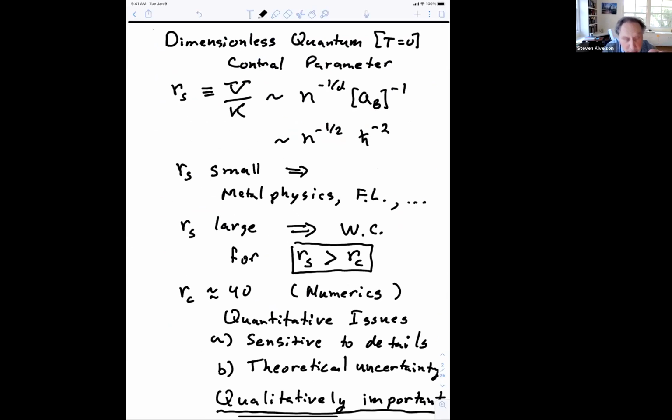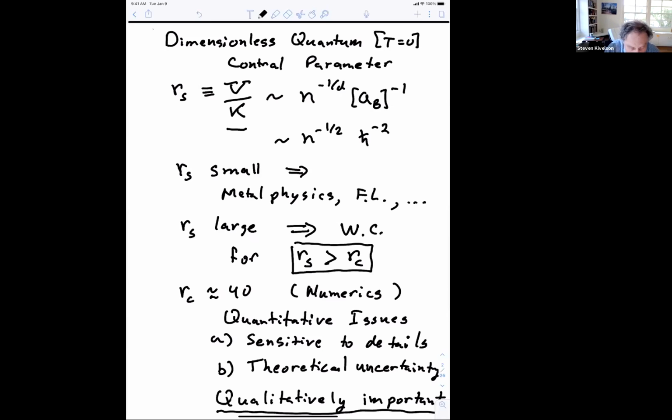As we've heard, there's an important dimensionless control parameter that governs the phases of a two-dimensional electron gas at zero temperature. It's the ratio of the typical potential energy of interaction to the kinetic energy of the electrons.